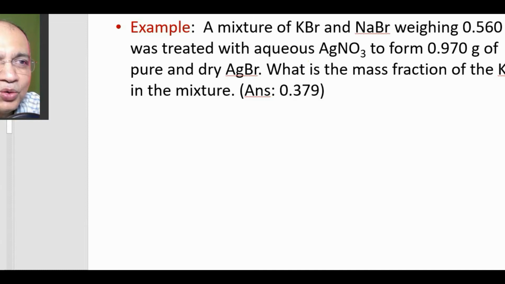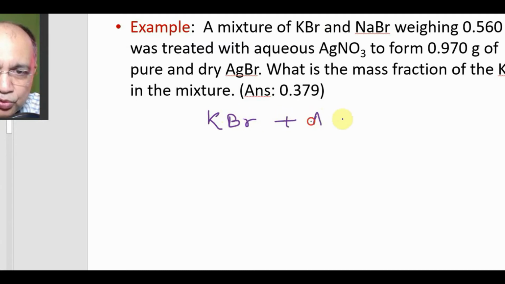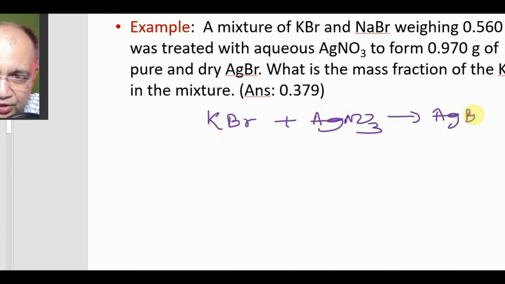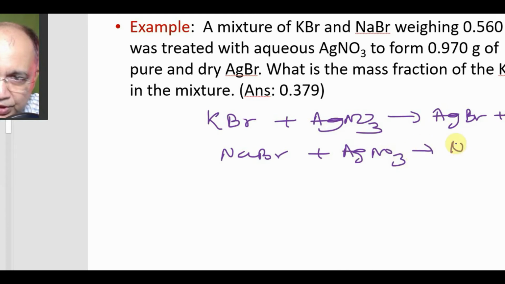Earlier we were writing two separate equations, one for each reaction, because these are two simultaneous equations. This was giving the yellowish white precipitate, and we were balancing it. It is already balanced, and for NaBr we write another equation giving the same product AgBr plus NaNO3.